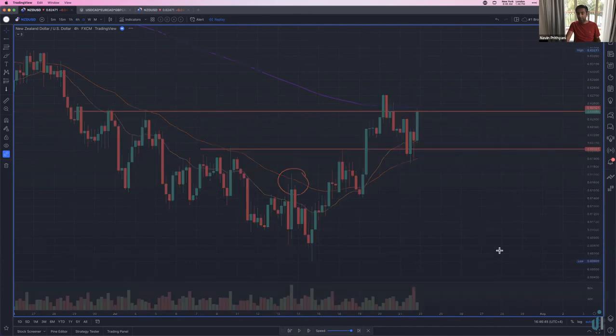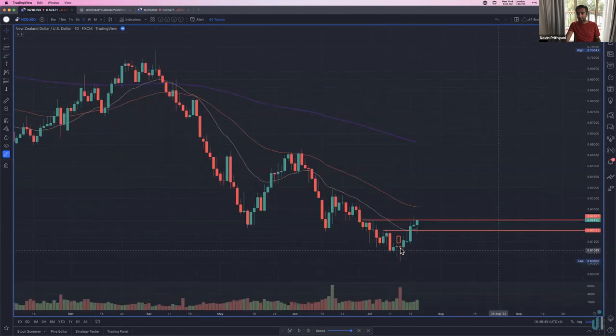Does the daily see that area as a resistance? Or that area? They see it a bit lower, or they see this one clearly. So sometimes we're just trying to look for is that something that the daily sees, or is that something only the 4 hour sees?